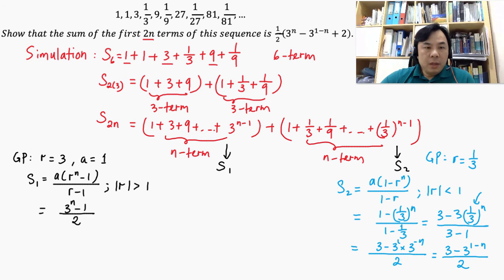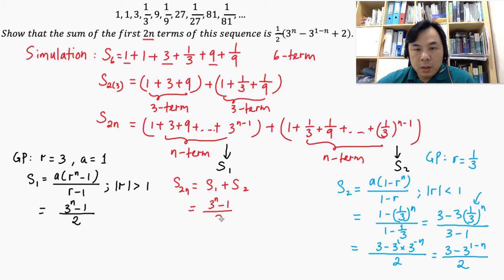And then finally, all I need to do is obtain the sum of my two n terms, in this case, by summing up these two results. So my first result is (3^n - 1)/2, and then my second result is (3 - 3^(1-n))/2.